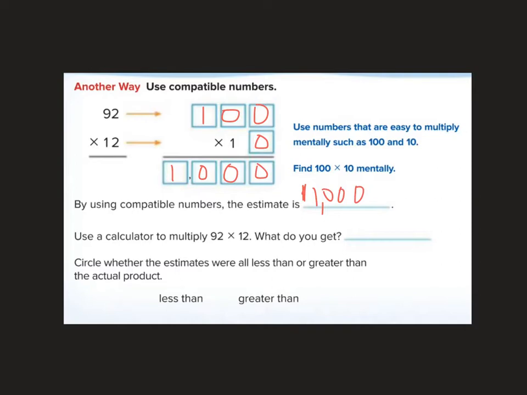If we use a calculator to multiply 92 by 12, I get 1,104. So all of those estimates were pretty close. But all of our estimates were less than the actual number. That's because every time we did it, we rounded down, and when we're multiplying, that makes a big difference.